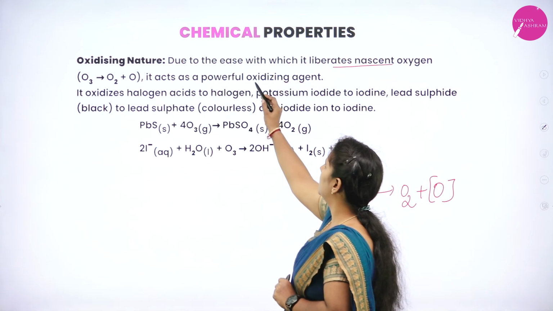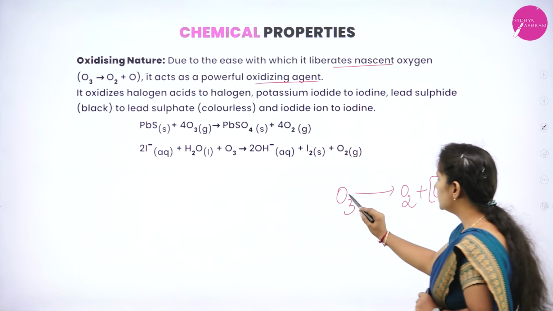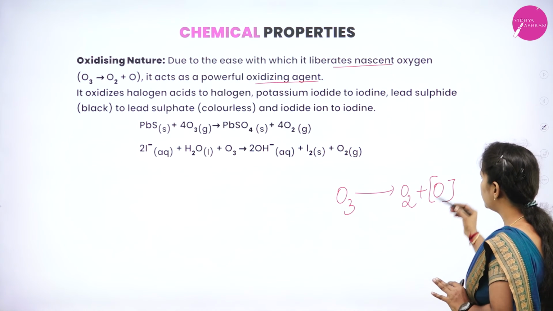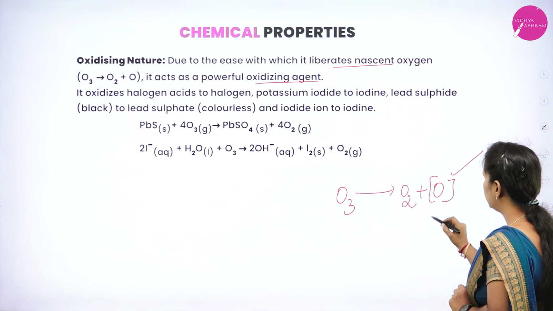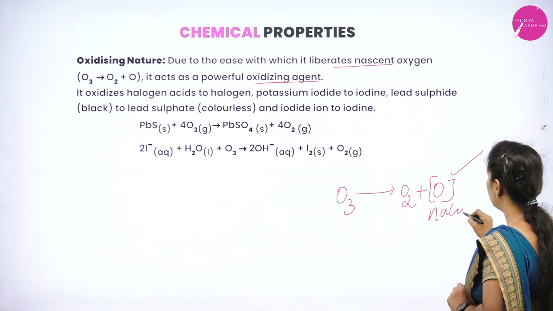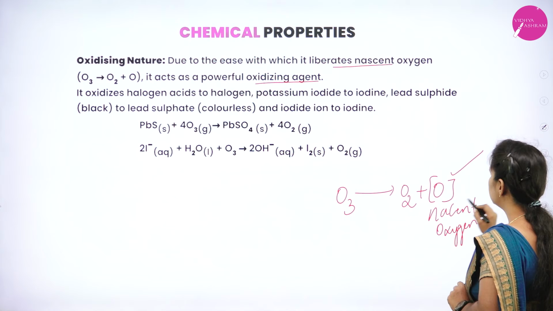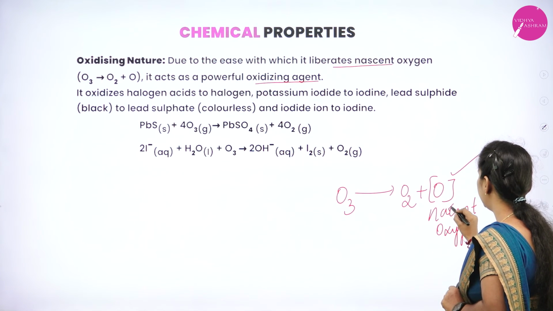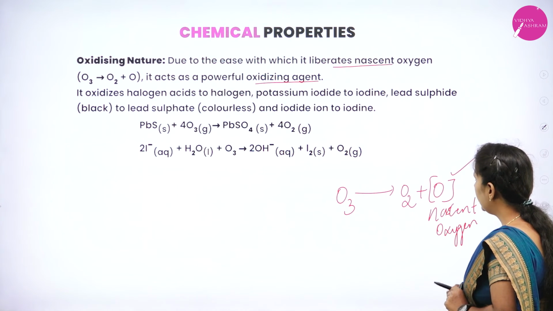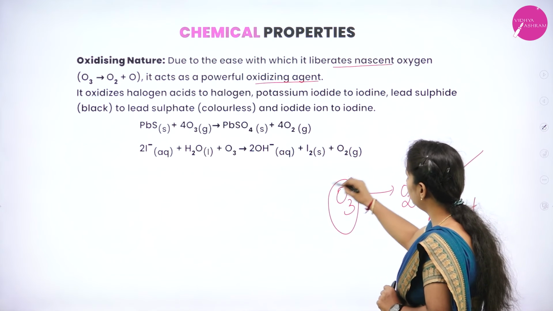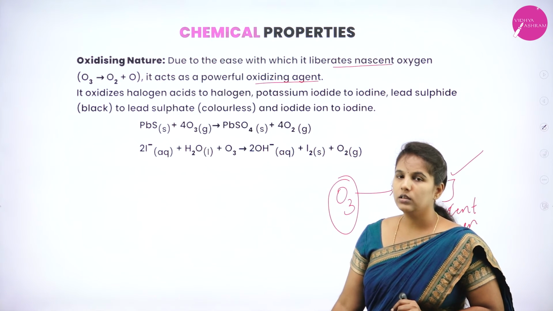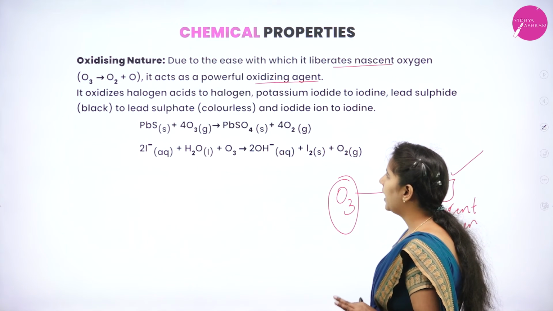It acts like a powerful oxidizing agent. So if you see this reaction, you can clearly understand that it can easily liberate the nascent oxygen, thereby it indicates that ozone is a strong oxidizing agent.